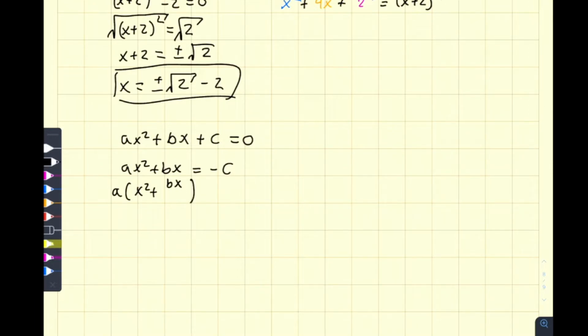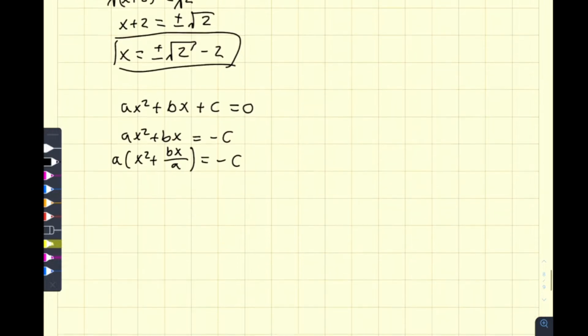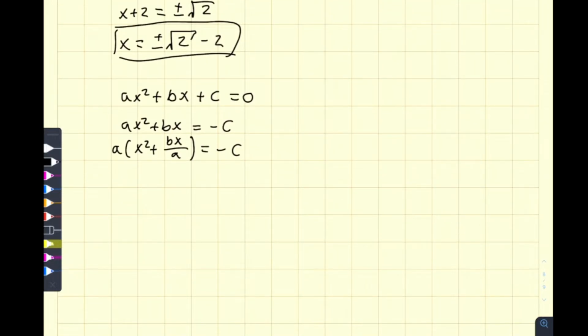But because an a is factored out, this will be over a, equaling negative c. Because if this is factored out, it has to be able to, when multiplied in using the foiling method, be the same as the previous step.